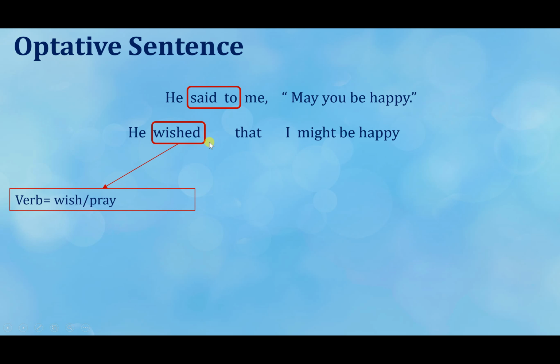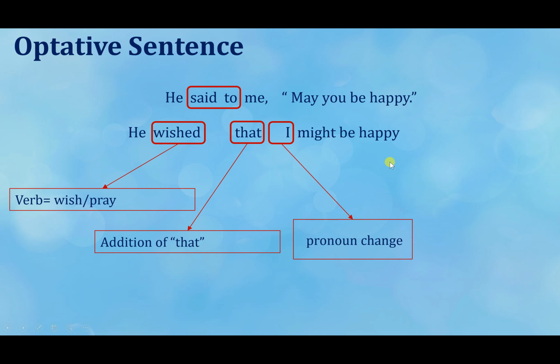So you can also use prayed. That will be added. Second change will be that. Third one will be I, that means personal pronoun. You will be I, okay? Pronoun change. And last one, may will be might. So this is how you have to change the optative sentence.